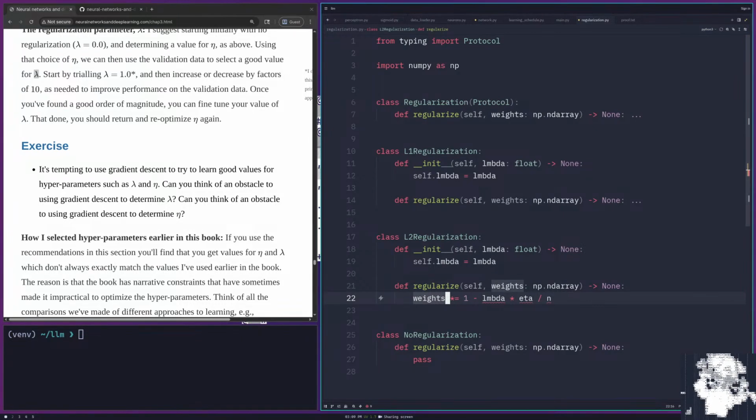All right, so lambda is going to be self.lambda. Eta and n, I don't know. So let's take them as parameters. eta float, n float.